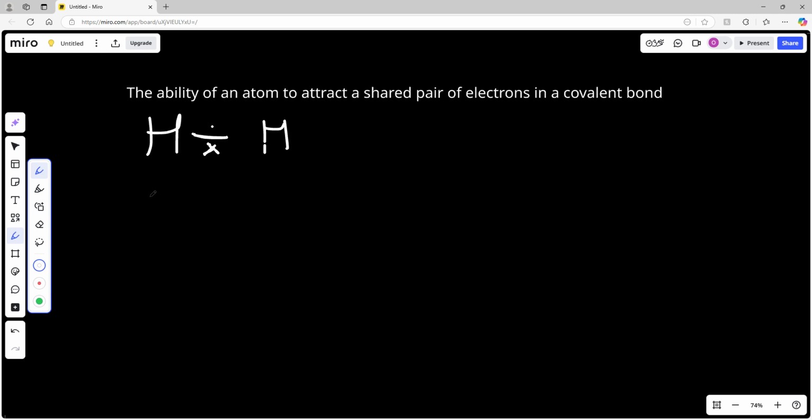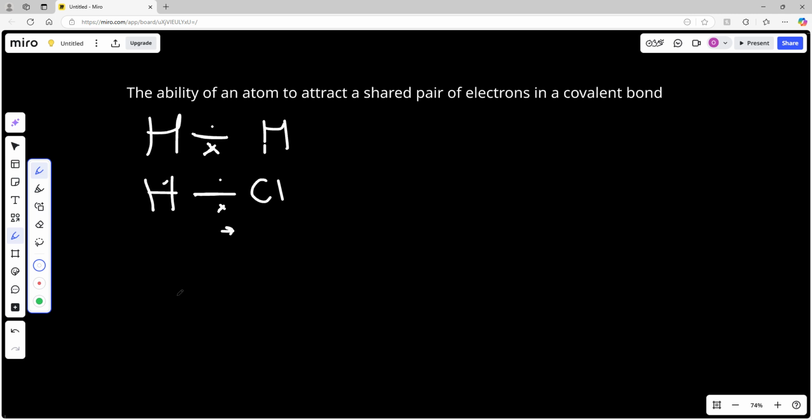Whereas if we compare this to, let's say, hydrogen and chlorine, the difference between these values is not 0. In fact, chlorine is more electronegative than hydrogen, so the electrons in the bond will be approximately here. They'll be a bit shifted over to the right.